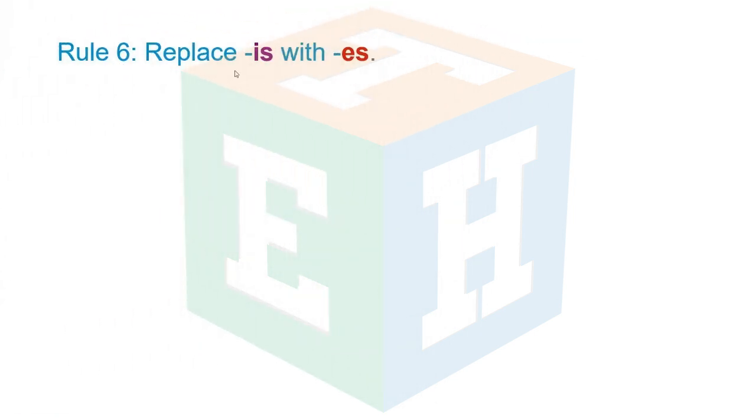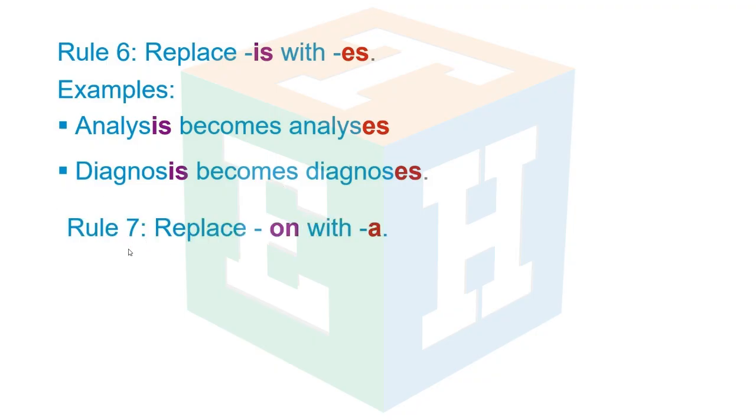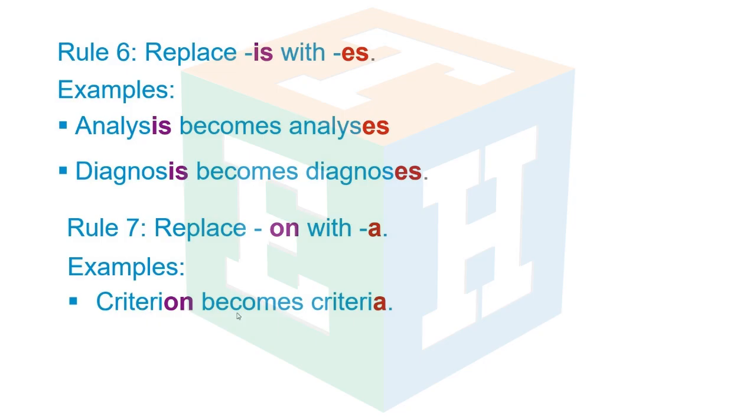Rule 7. Replace is with es. Examples: analysis becomes analyses. Diagnosis becomes diagnoses. Rule 8. Replace on with a. Examples: criterion becomes criteria.